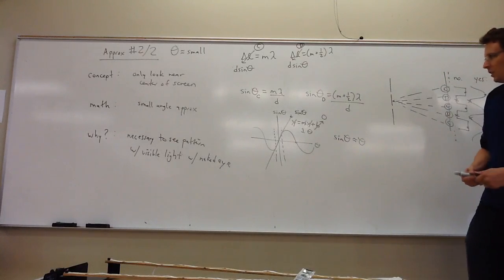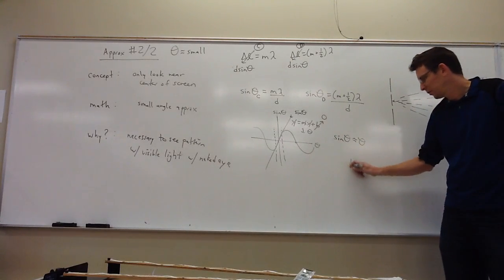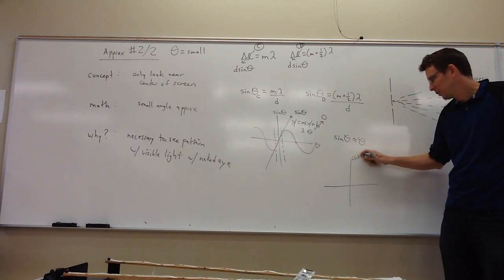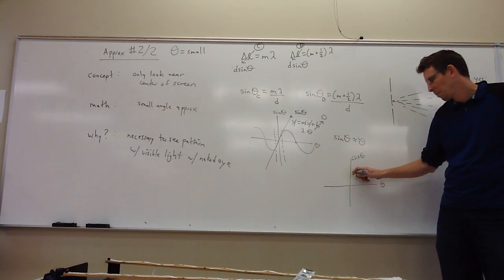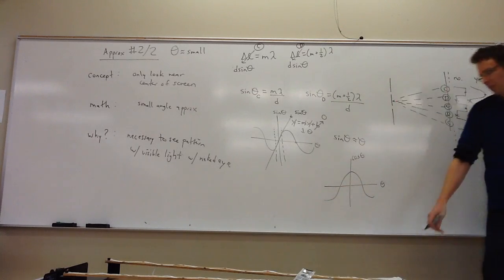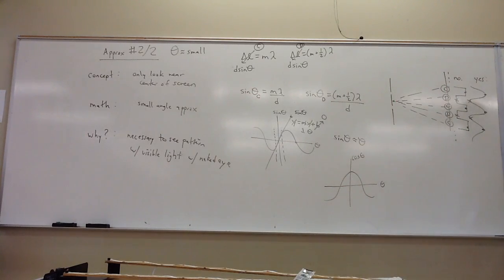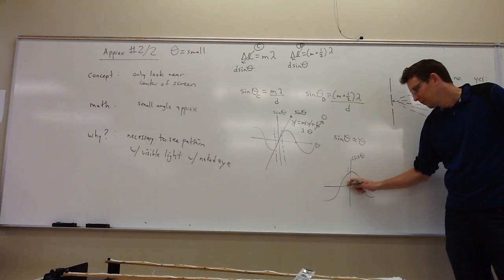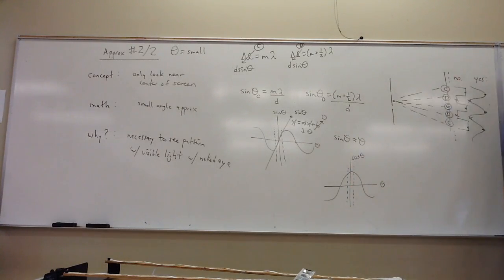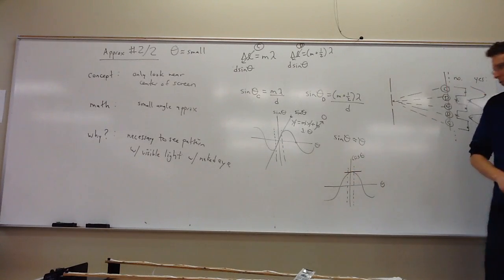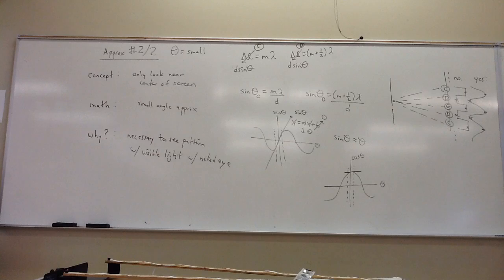You can also do one of these for cosine if you want. For cosine, of course, of theta looks like this. Good old cosine, which hopefully you've seen before. And if you sandwich yourself a nice little small range of angles around 0, this right here is a great approximation for cosine.